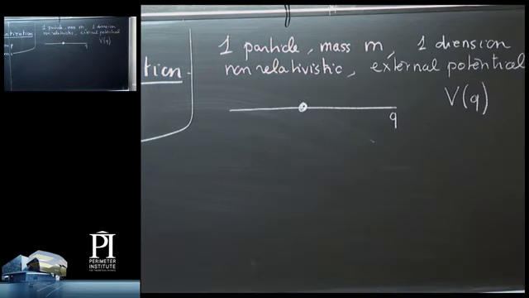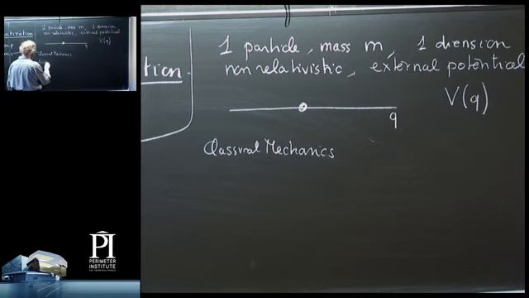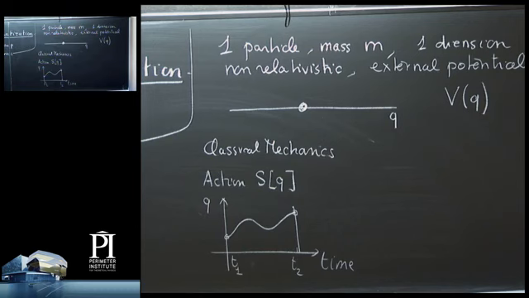And therefore, the Hamiltonian, so in classical mechanics, the system is described, for instance, by an action, S, which means that to any trajectory, here I plot the time, here I plot the position of the particle, if you start from some time t1 and you end up at a time t2, its classical motion is described by a classical trajectory that I call Q of t.